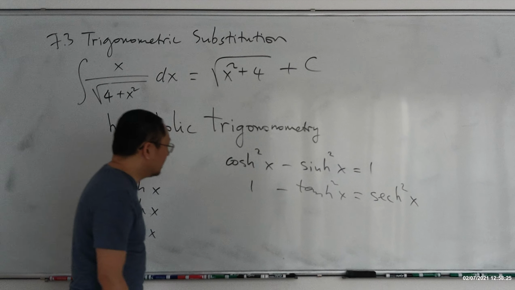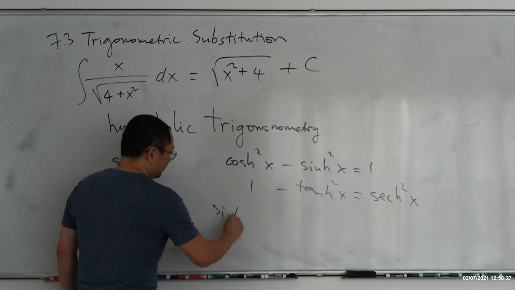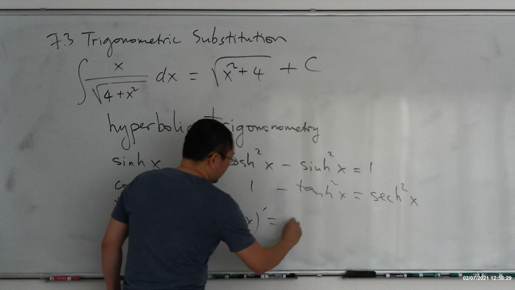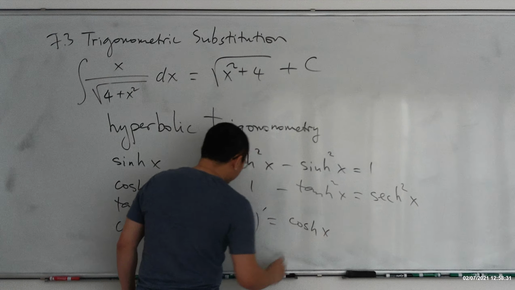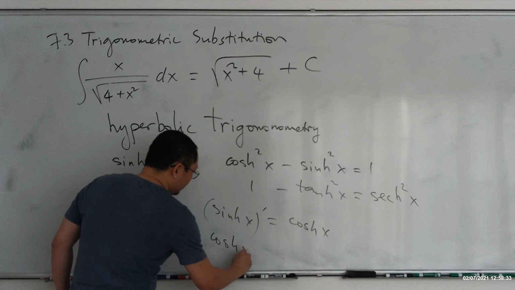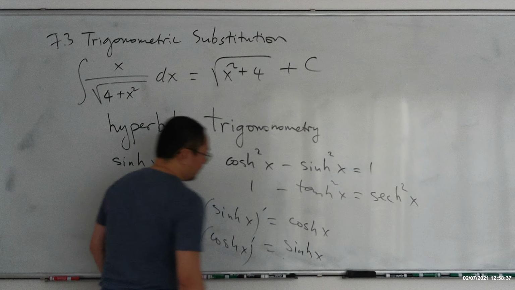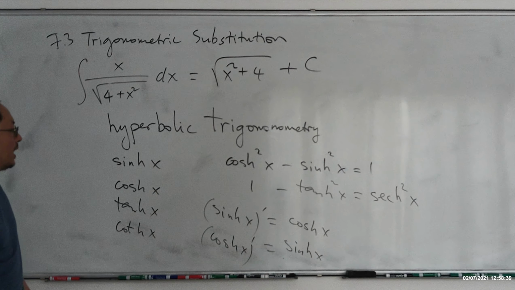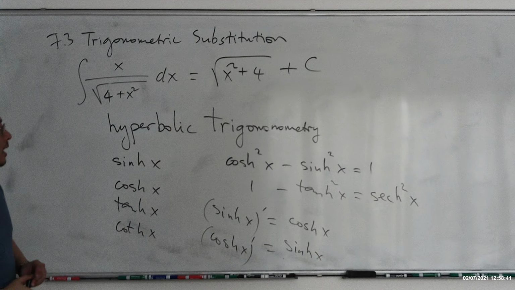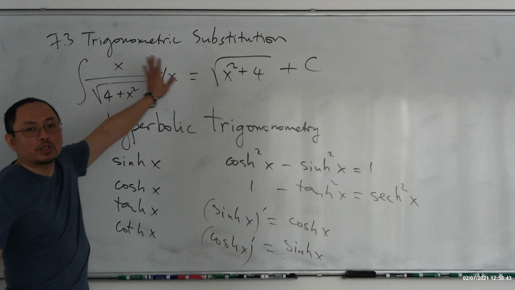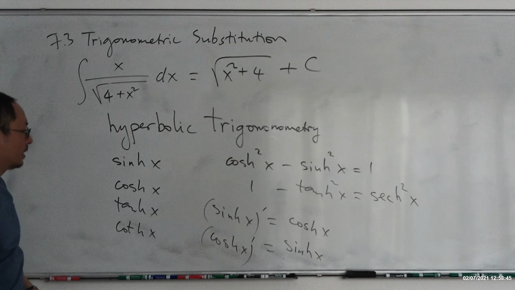Okay, and then derivative of sine is cosine. Derivative of cosine, just sine. All right, no more negative. And I claim that if you know some trick and answer for hyperbolic trick, you can apply everything that we learned in 7.2 and 7.3 on hyperbolic trick.